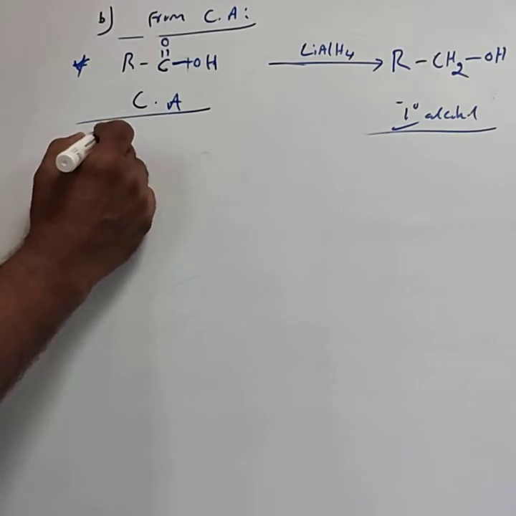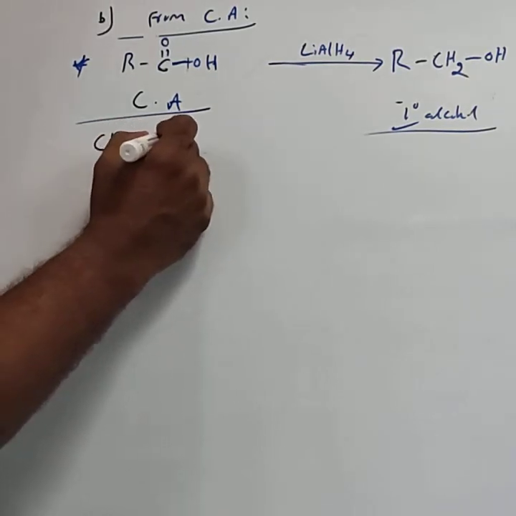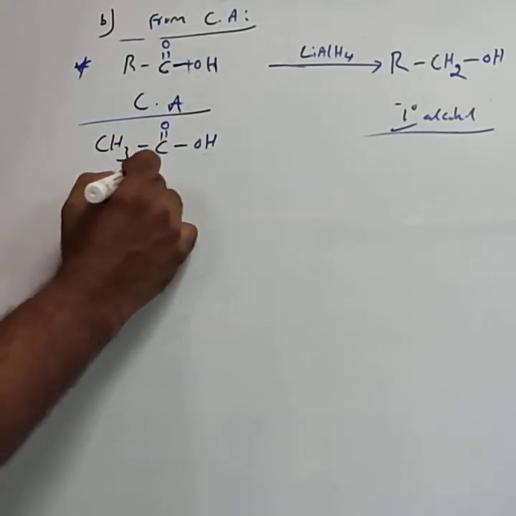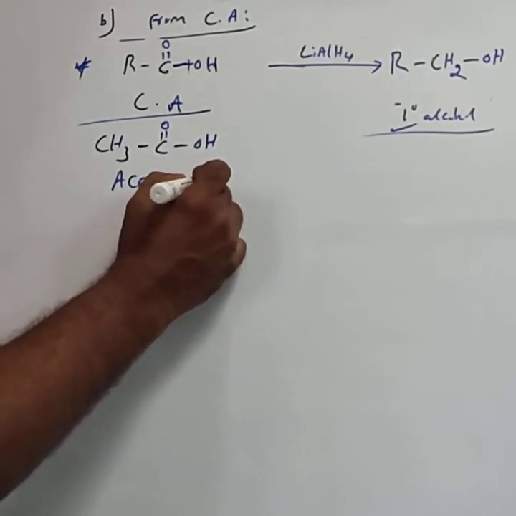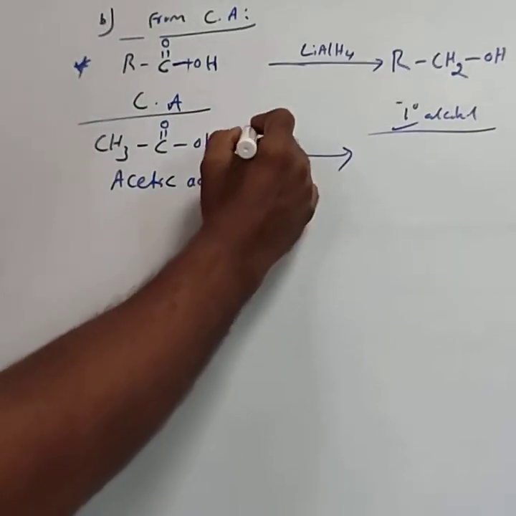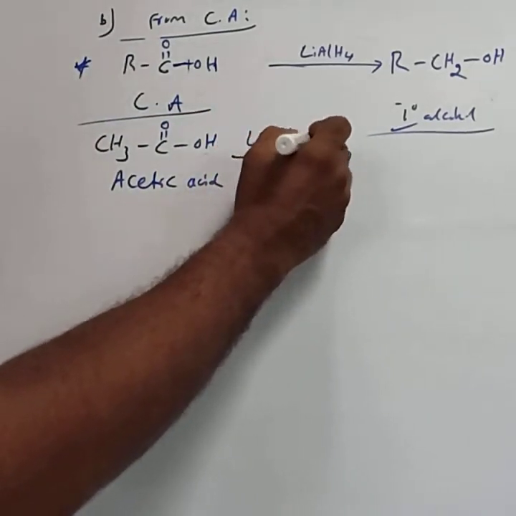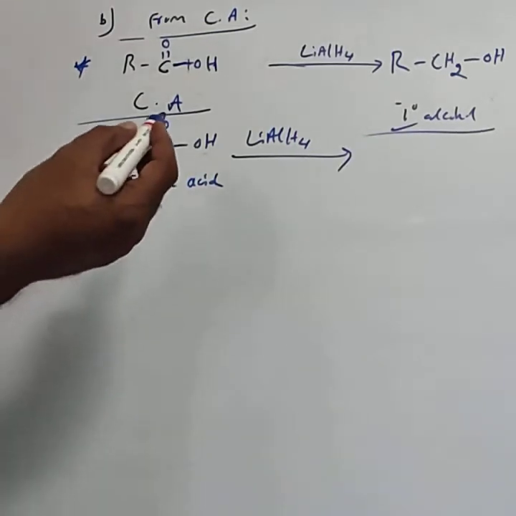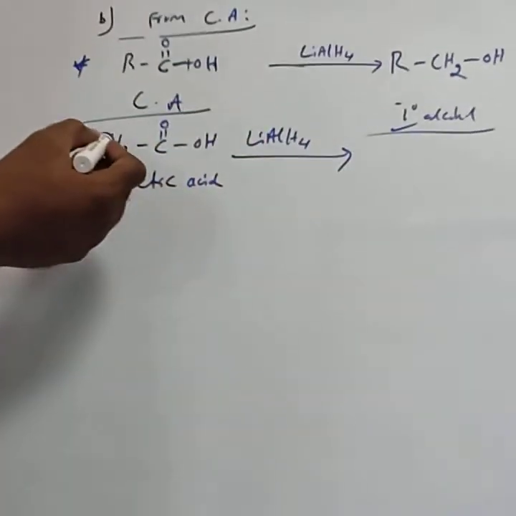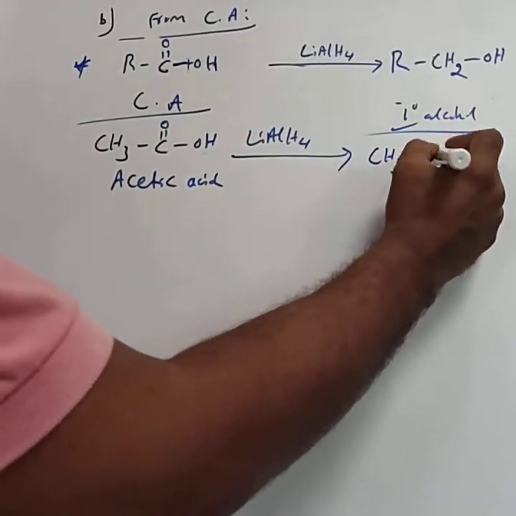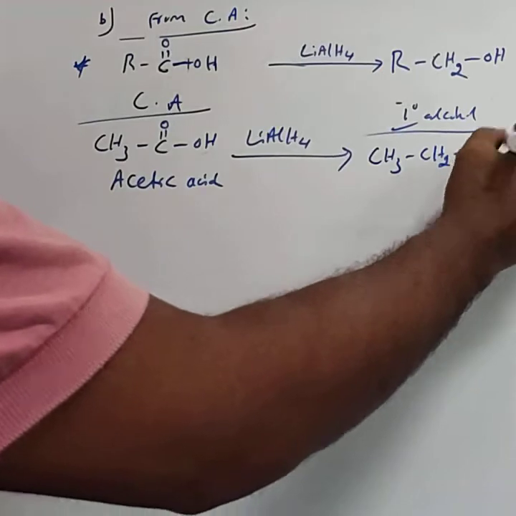Example, R is taken as CH3, so CH3COOH. This is called acetic acid. Acetic acid on reduction by using LiAlH4. You can guess the product: in the place of R we are using CH3, hence CH3CH2OH.